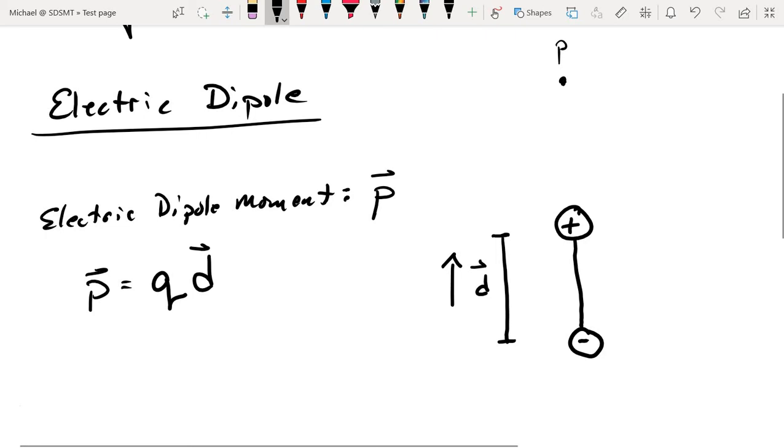And so that means that the dipole moment P will point in the same direction as D.